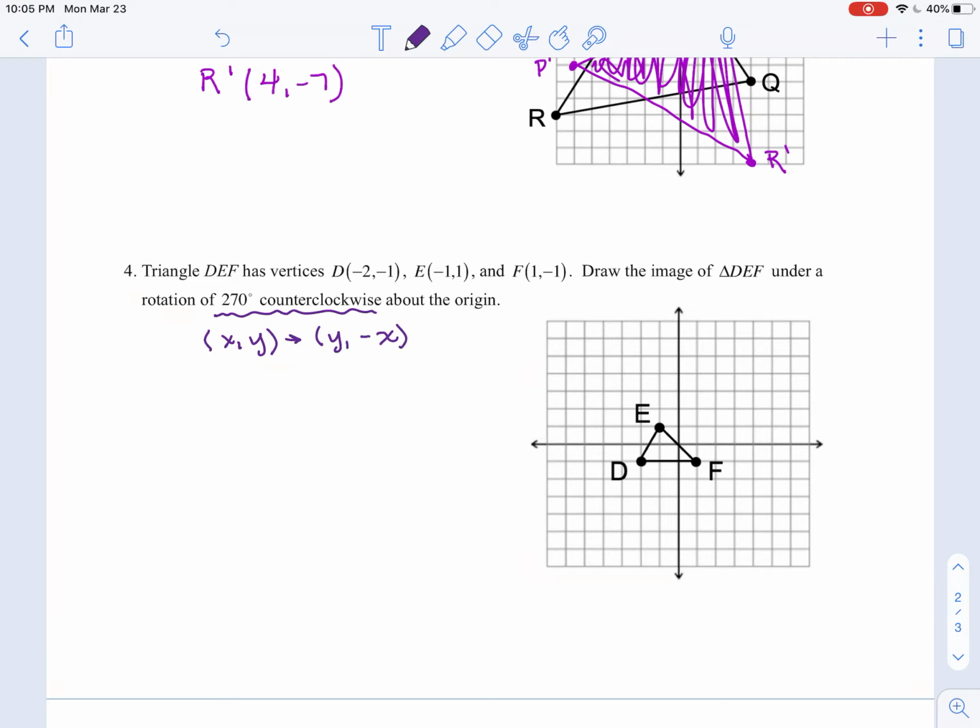Following this rule, because point D was at (negative 2, negative 1), D prime is going to go to (negative 1, positive 2). E was at (negative 1, 1), so E prime goes to (1, positive 1). And since F was at (1, negative 1), F prime goes to (negative 1, negative 1).